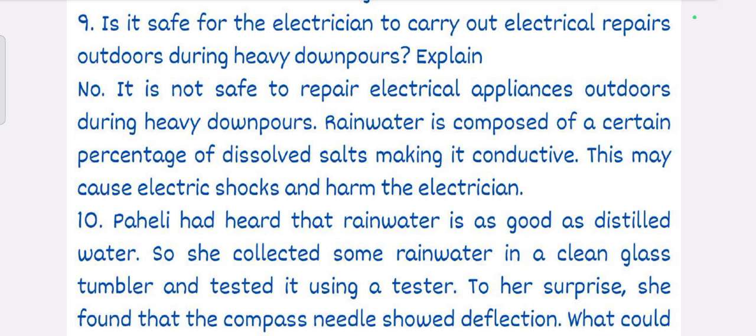Rainwater is composed of a certain percentage of dissolved salts, making it conductive.